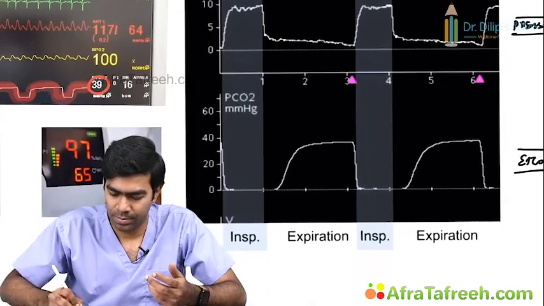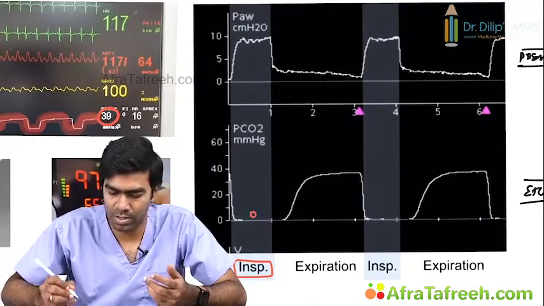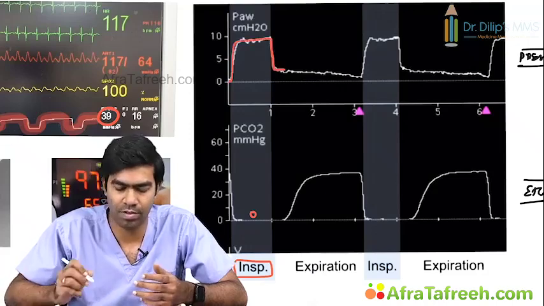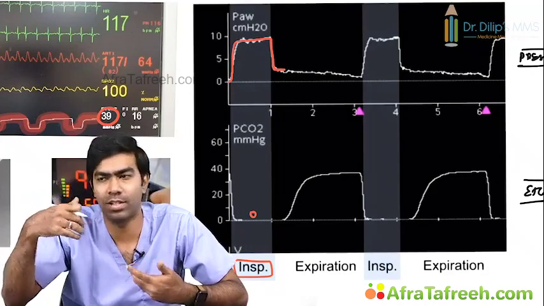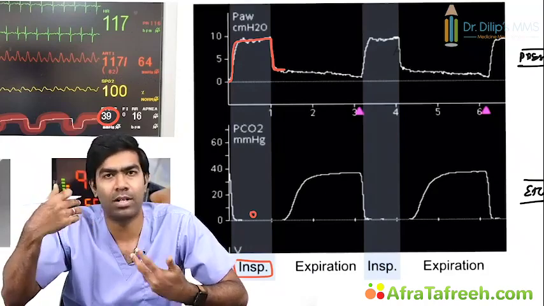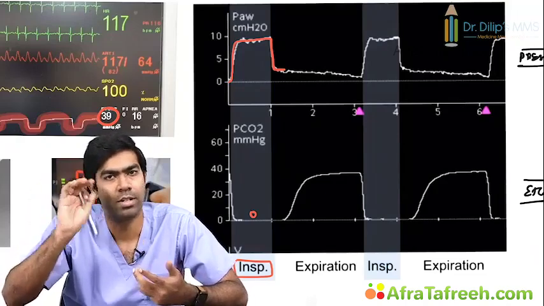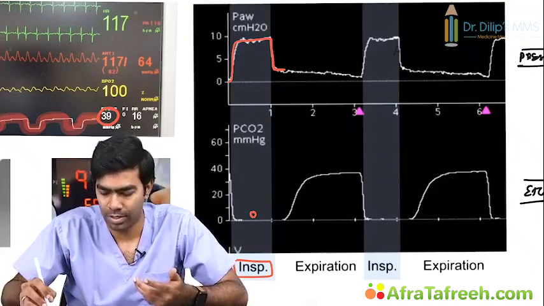What we are showing is during inspiration. But during inspiration, you're getting a positive waveform in the ventilator. I mean, during physiology, inspiration is negative pressure. But in positive pressure ventilation, when the patient is on a ventilator, inspiration is positive pressure only. So you have a positive pressure during inspiration, all right.